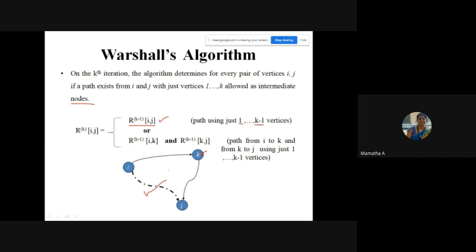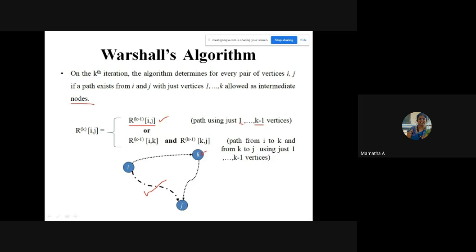So, you have to get the path in the previous matrix, not in the current solving. In the previous matrix, you should check, is there already a path existing from I to j? If there is a path, no problem. Otherwise, you should check whether there is a path through the intermediate vertex k.